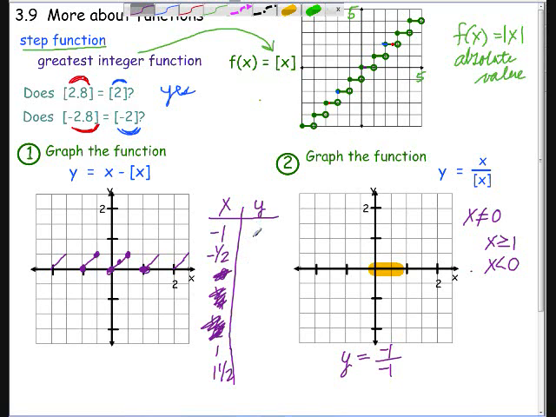So y would be 1. If this were negative 1/2, I'd be saying what is the step function when x is negative 1/2, and we can see that it would be still negative 1, so that would be positive 1/2.